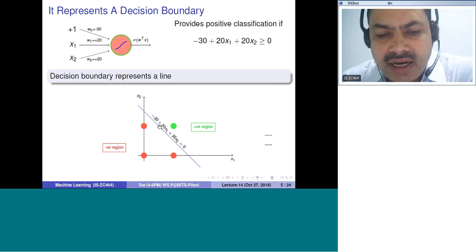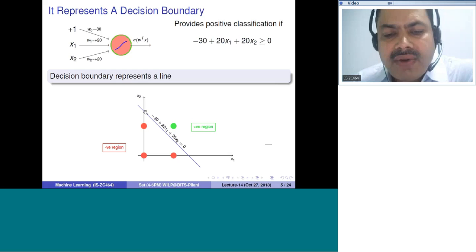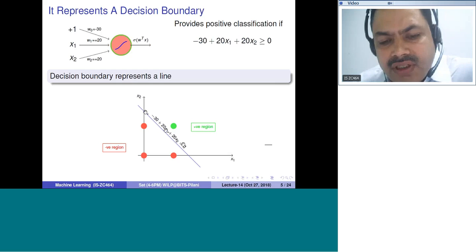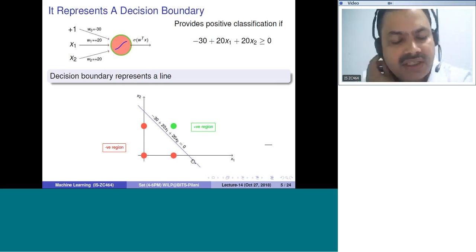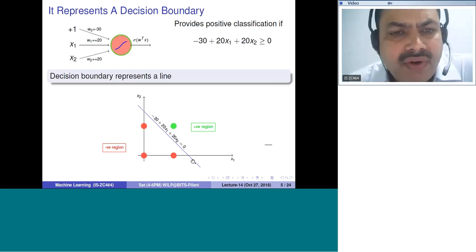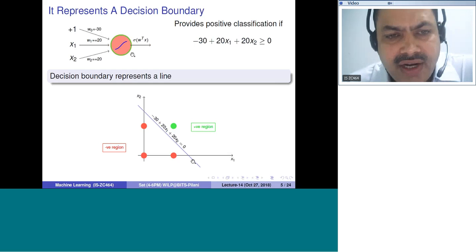If you plot the line minus 30 plus 20 x1 plus 20 x2 equals 0, the points above this line are the positive region, and here it is the negative region. We discussed this before starting the class. So we found that when we set the weights, neurons give a linear separating boundary.